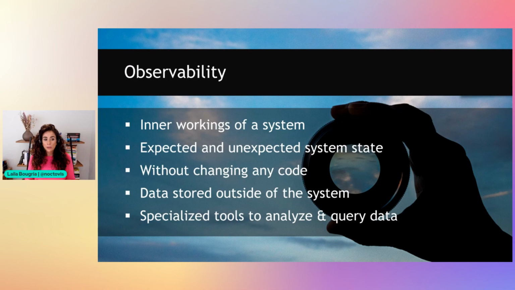And then we can query and analyze that information with specialized tools so that we can extract actionable insights that can then help us improve and fix certain problems that are occurring in our software, right?